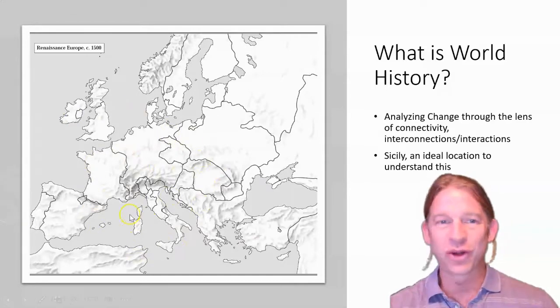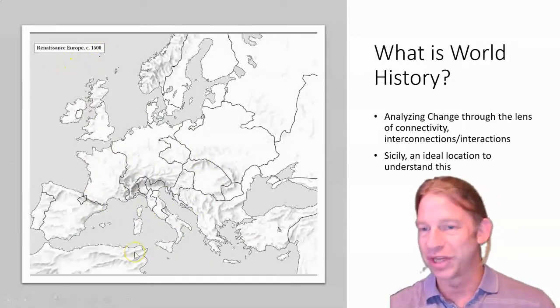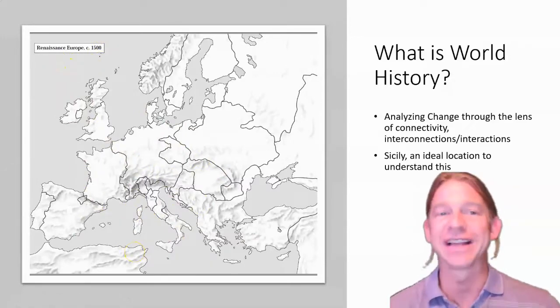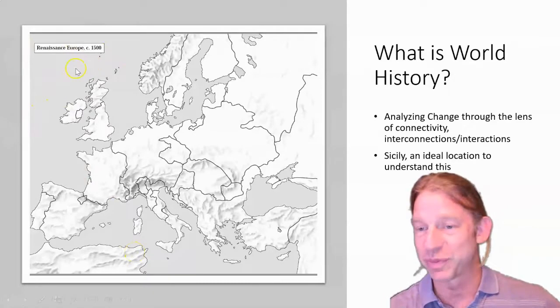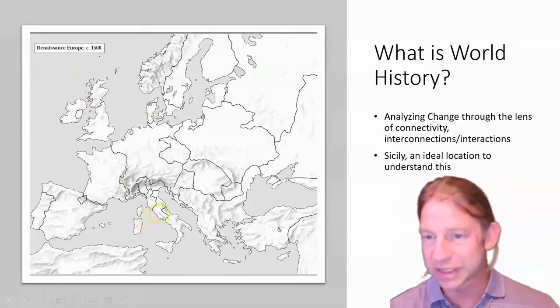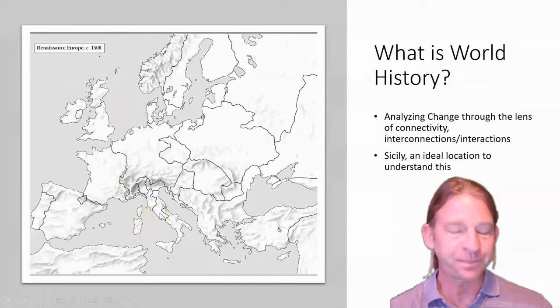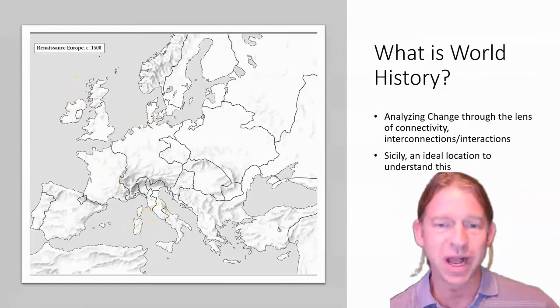Okay, and of course this is a Renaissance Europe map from 1500. For those in my World History Part 2 class, we start there. So I thought I would use that for this map, since this is what the geopolitical map of Europe looks like at this time, though I'm going to use this for my other World History Part 1 courses as well.